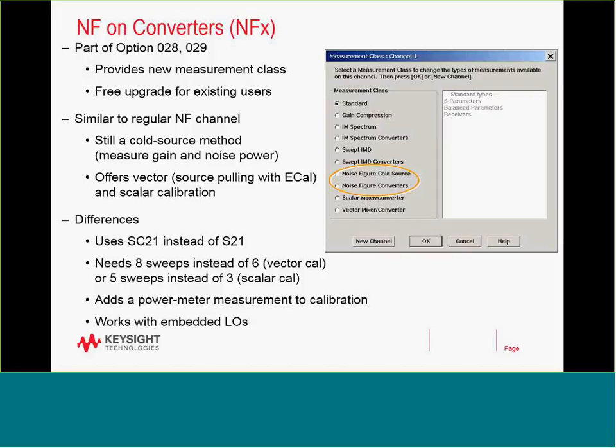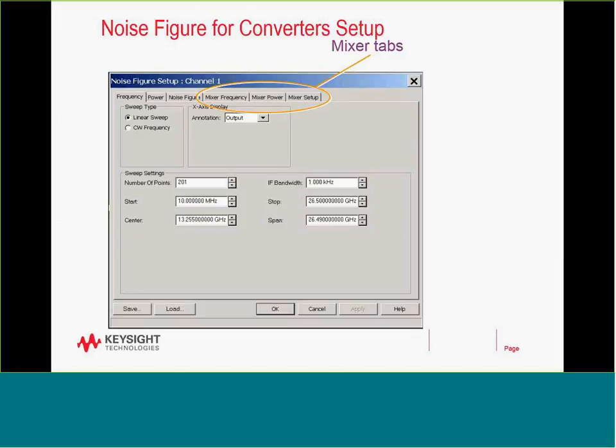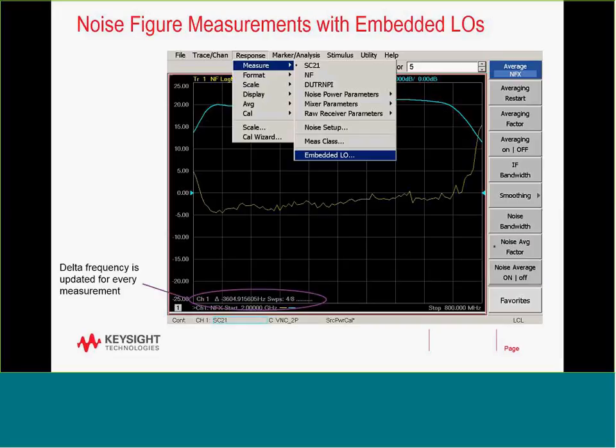It also works with embedded LO, and we'll show that in a second. So we'll go to mixer measurements. You're going to get 3 more tabs in your noise figure setup. These are the frequency setup for your mixers, the mixer power that you want delivered, and a little bit of the mixer setup as to what ports you're going to be connecting your local oscillator to, etc.